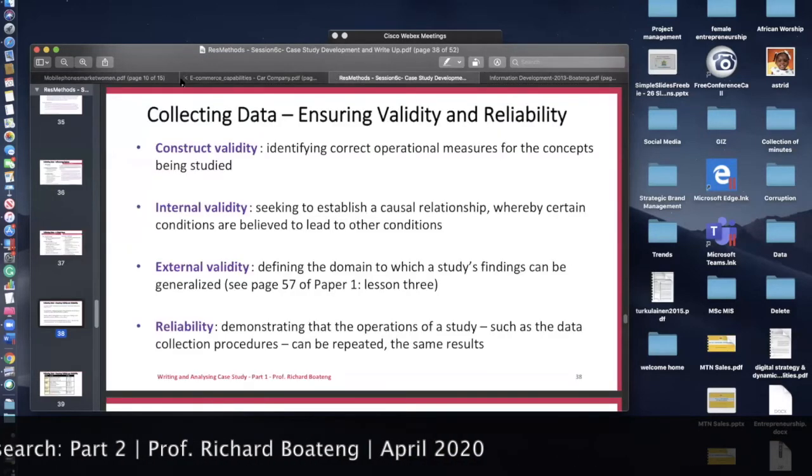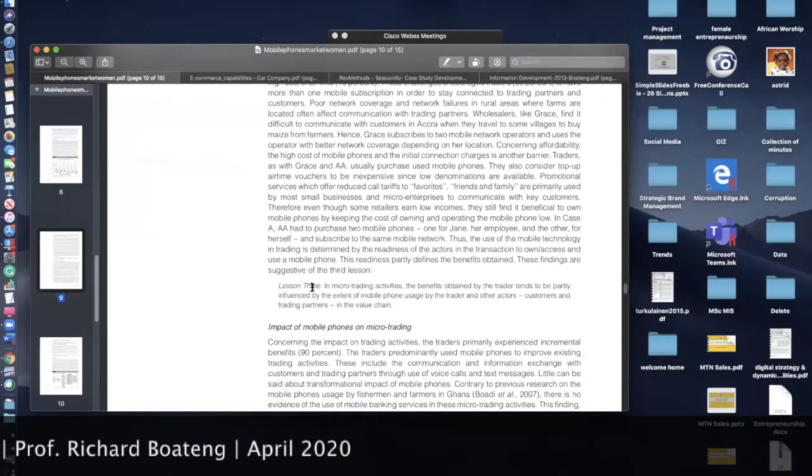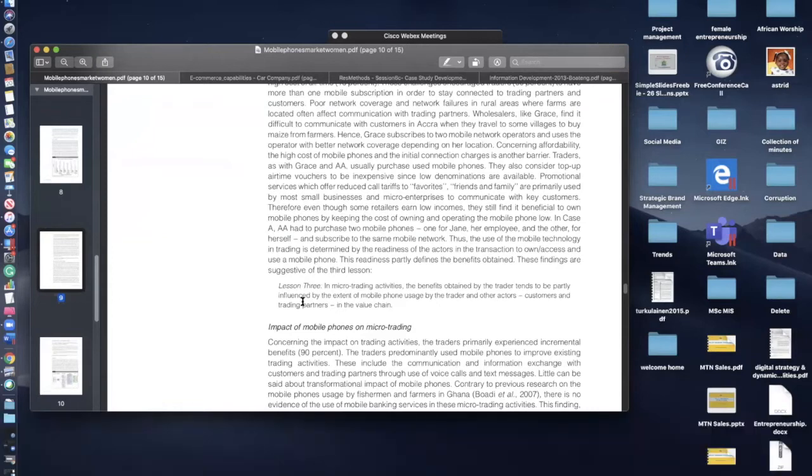So we should look at lesson three. In micro trading activities, the benefits obtained by the trader tend to be partially influenced by the extent of mobile phone usage by the trader and other actors, customers and trading partners in the value chain. Okay, so that is one thing that we have said.